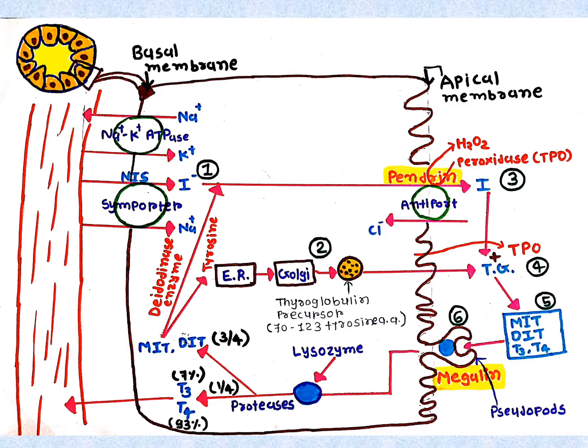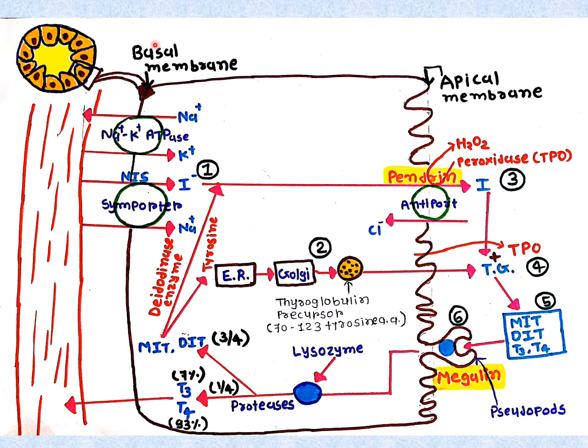So, thyroid metabolic hormone synthesis. This is the thyroid follicle. I have enlarged this single cell of this follicle. So this is the whole single thyroid follicular cell. Now this single follicular cell has two membranes, the basal membrane and the apical membrane.